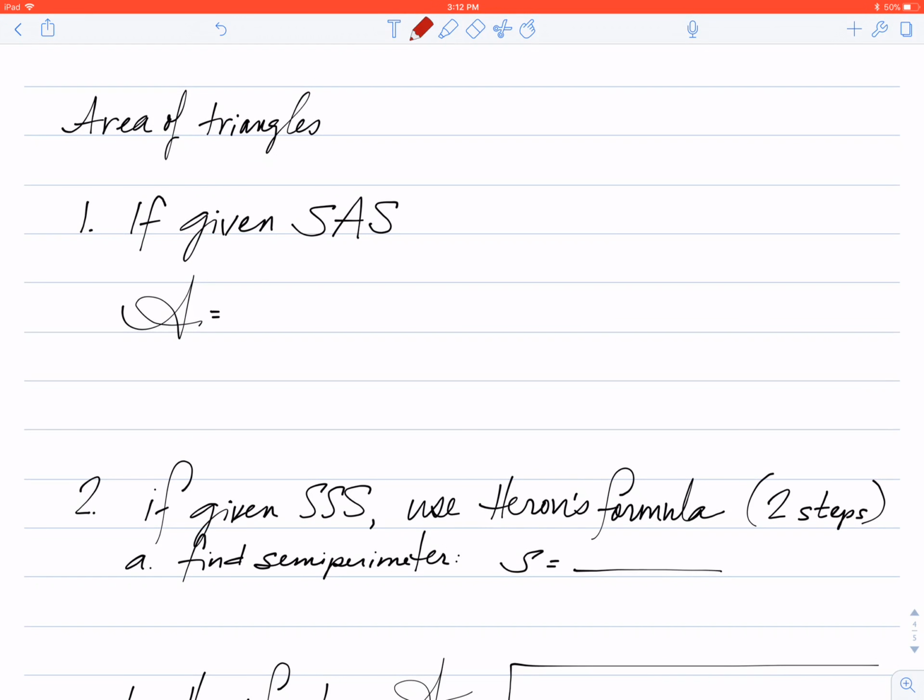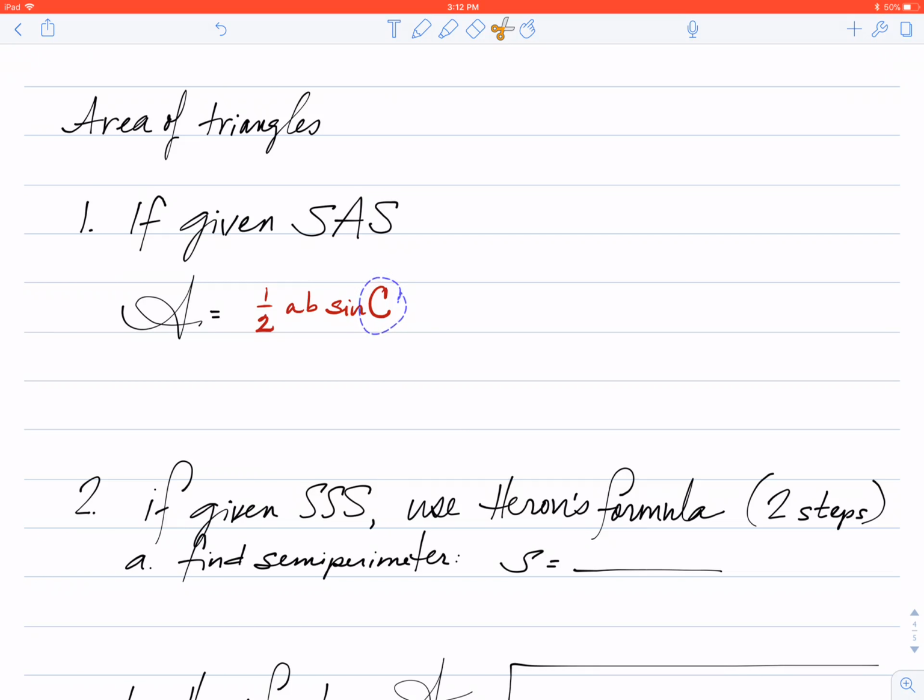The area is going to be 1/2 side A times side B times the sine of angle C. Now you notice I'm getting all three of my letters in here. These right here are the two sides that I was given, and this is the angle that is between.